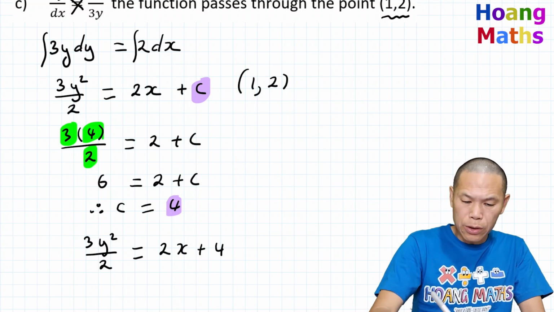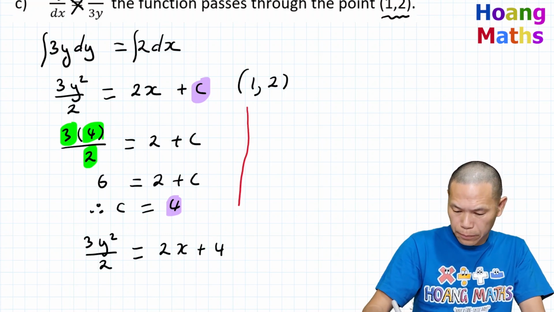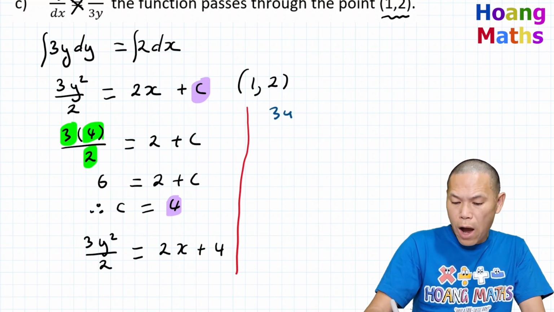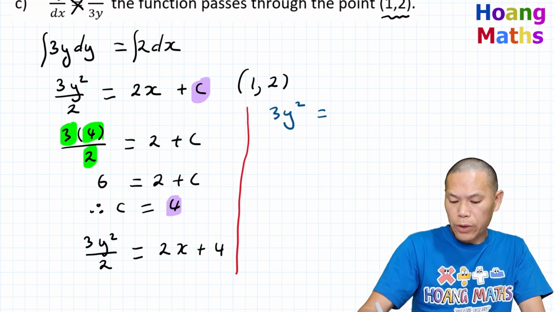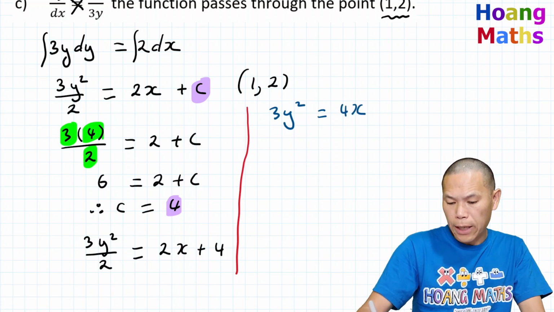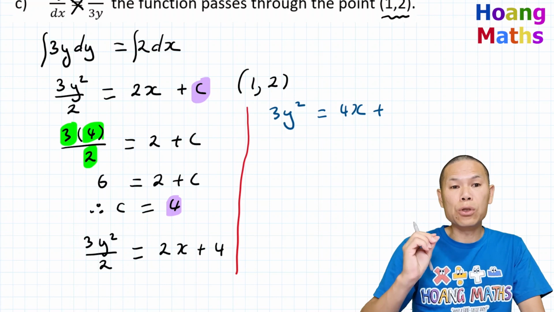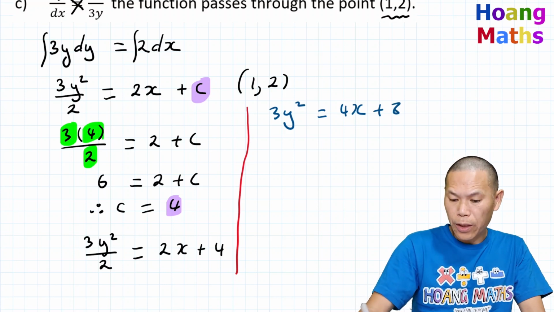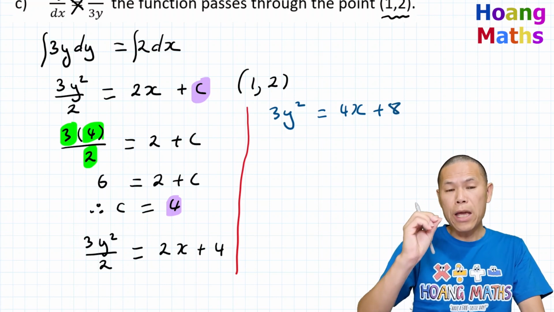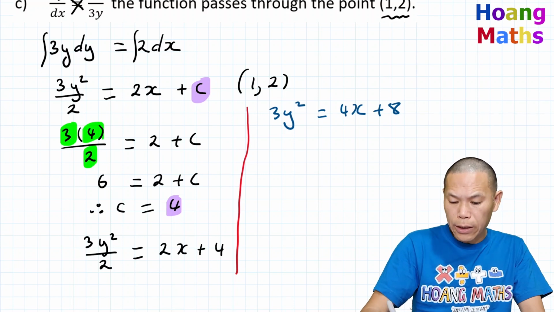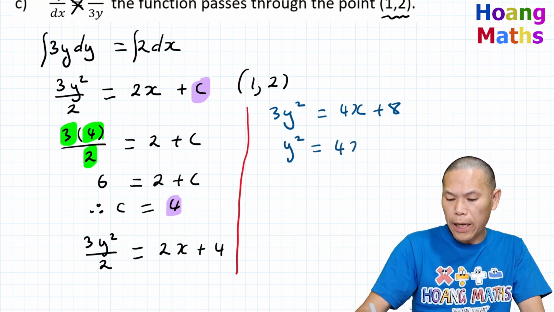This means 3y squared is 2 times 2x, which is 4x, plus 4 times 2, which gives me 8. Now I divide by 3 on both sides. So y squared is (4x plus 8) over 3.